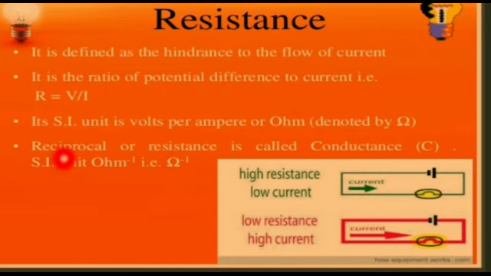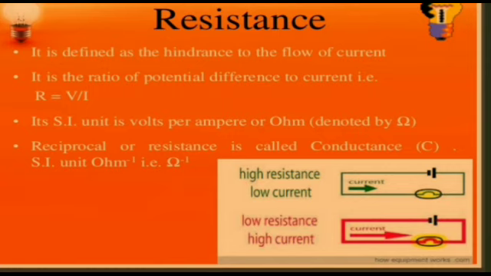Okay, next, the reciprocal of resistance is called conductance. What is the unit? Ohm inverse, that means ohm to the power minus 1. See, there are two circuits: high resistance, low current; low resistance, high current.